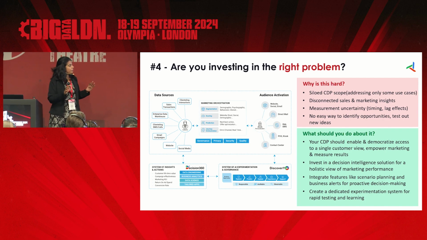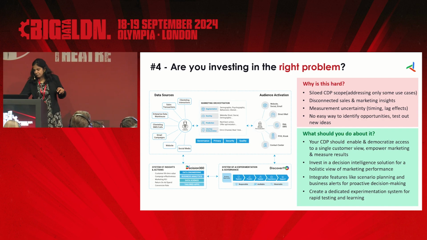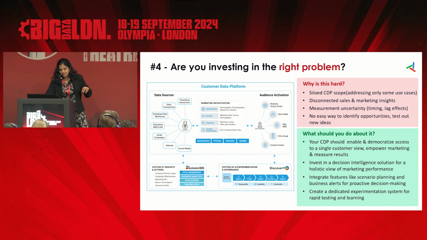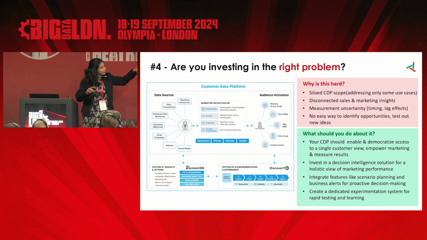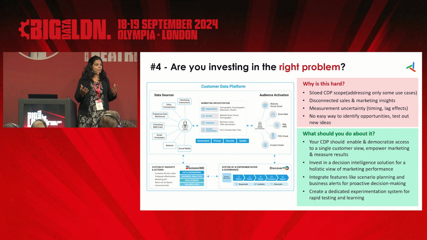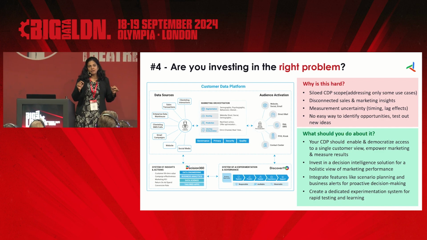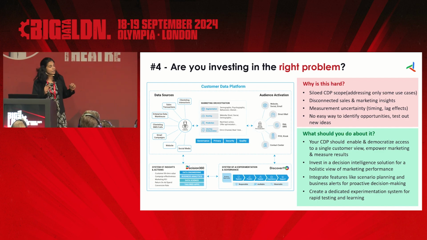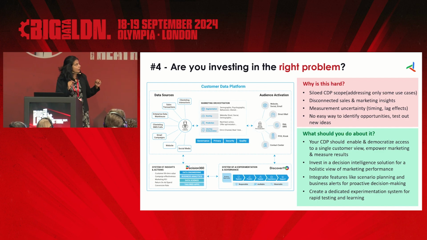To me, this whole thing is what I would call a customer data platform, and not that out-of-the-box product that you buy. That is how I believe you can get a single customer view.